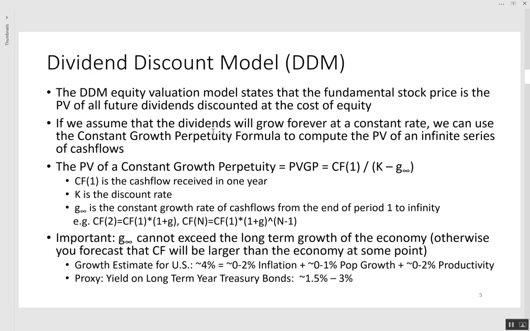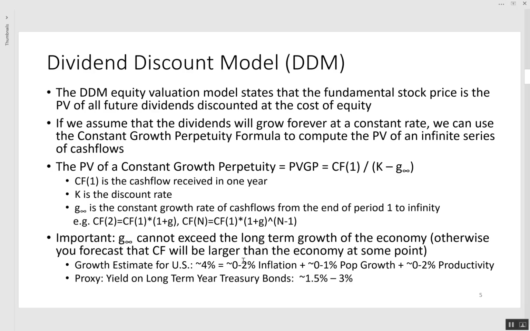And if we assume that dividends grow forever at a constant rate, we can use the constant growth perpetuity formula to compute the present value of an infinite series of cash flows. Now the present value of a constant growth perpetuity is equal to the cash flow received at the end of the first period divided by the discount rate minus the infinite growth rate. So that first cash flow is the one you receive next period.